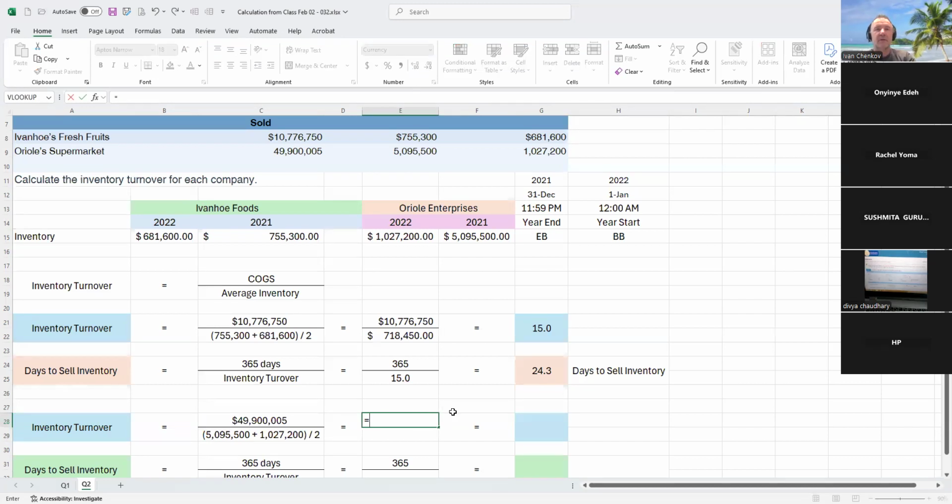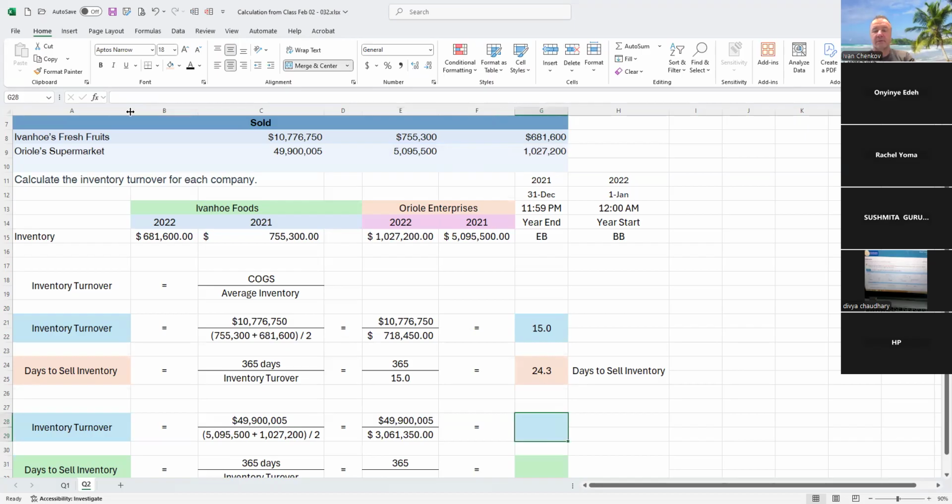This one will be equal to that number, beginning balance plus ending balance, bracket divided by 2. Let's put the bracket at the beginning. And we get the number. So what will be our number here? This one divided by this number is going to give us 16.3.